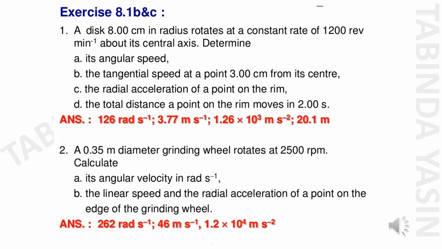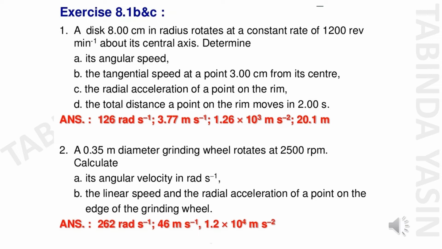Another example: a 0.35 meter diameter grinding wheel rotates at 2500 rpm. Calculate its angular velocity in radian per second, the linear speed, and the radial acceleration of a point at the edge of the grinding wheel. For the angular velocity, the answer should be 262 radian per second.